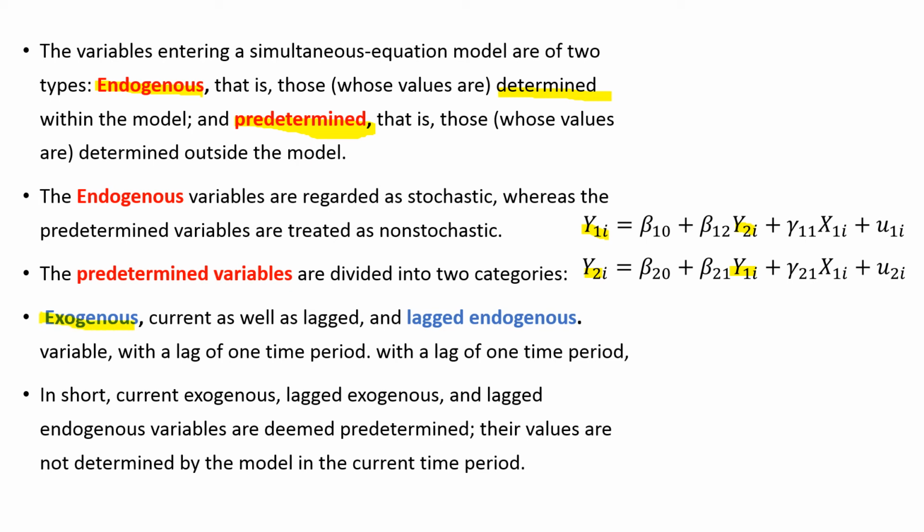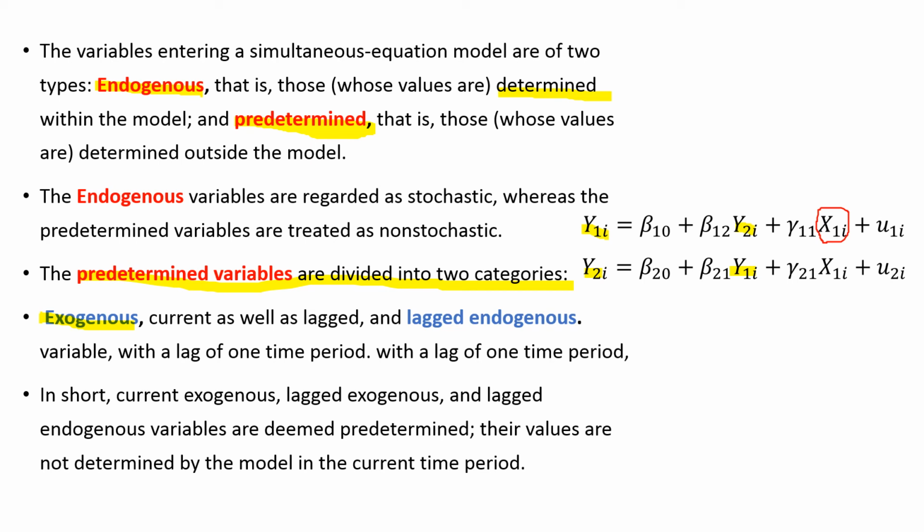The predetermined variables are divided into two categories. Exogenous, current as well as lagged. What do we mean by this? In this example, x1 is an exogenous variable. It is a predetermined variable, and it is current, because it is collected at the same time point as y.